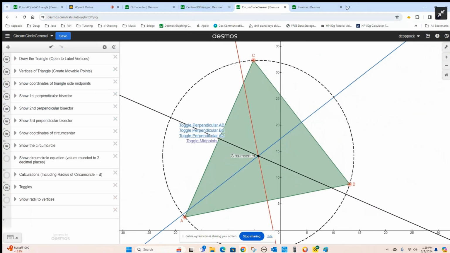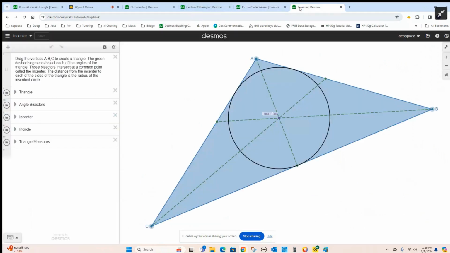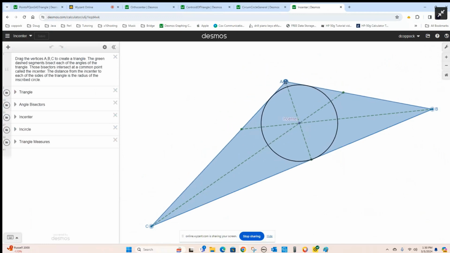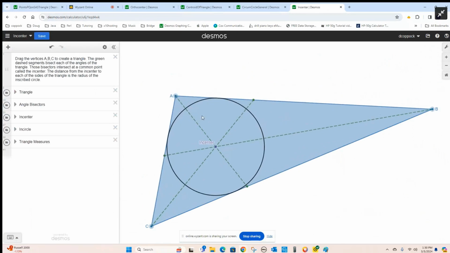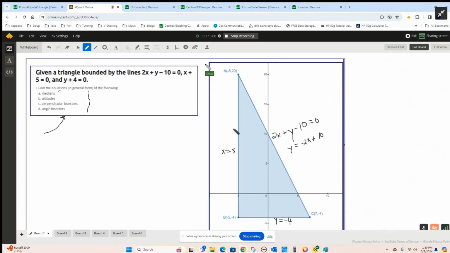And finally, incenter. These are angle bisectors. Each of these dashed lines is an angle bisector of an angle of the triangle. They meet at the incenter, and that's the center of the inscribed circle. Okay, so the same will hold true for this right triangle.